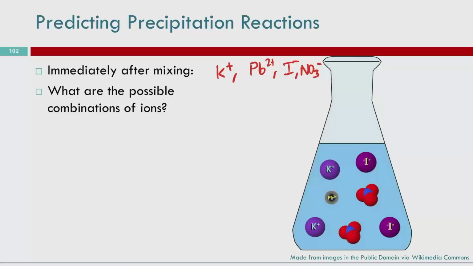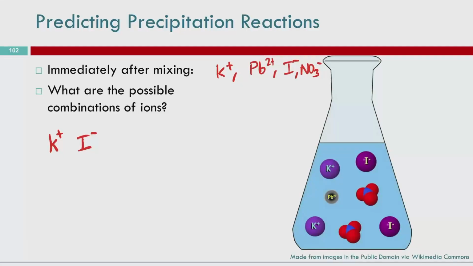Somebody pick a positive and a negative. Potassium and what else? Potassium and iodide. That's one possible combination. That would have the formula KI. What's another possible combination? Potassium could go with the NO3, K+ and NO3-. Those are both one positive, one negative, so those will balance out perfectly, 1 to 1. What's our other 2 options?